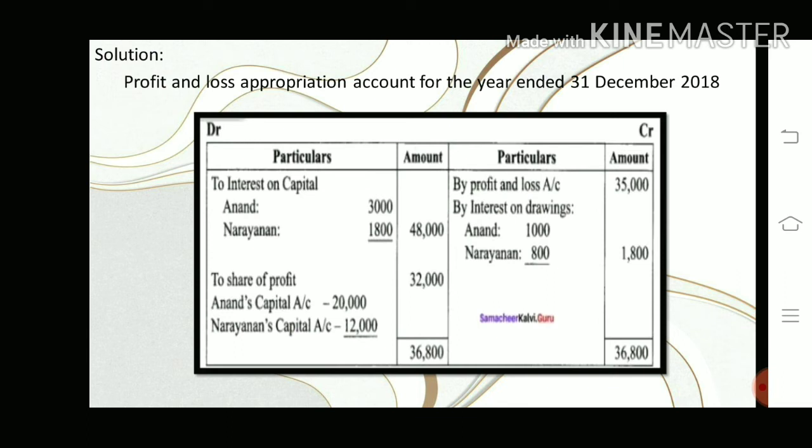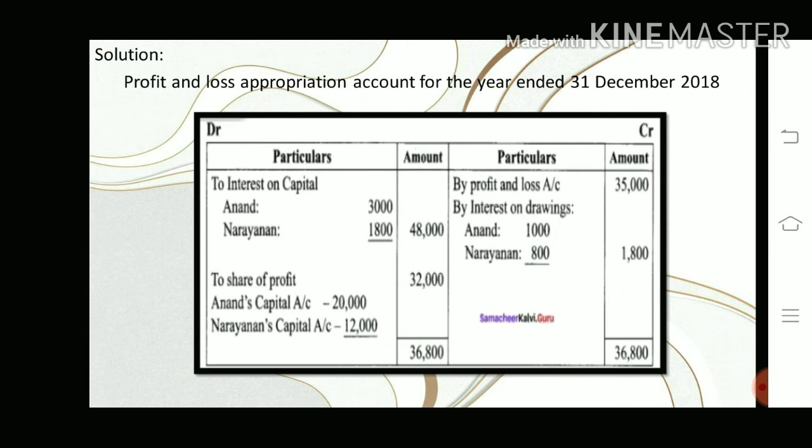The lowest value is deducted from the highest value. So highest value 36,800 minus lowest value, debit side 4,800, we get the remaining 32,000. This 32,000 will be shown on the debit side of the profit and loss appropriation account. It is known as sharing of profit. So, to sharing of profit 32,000.